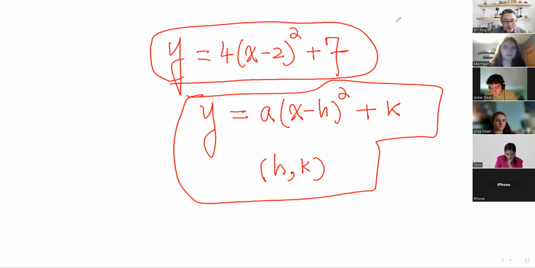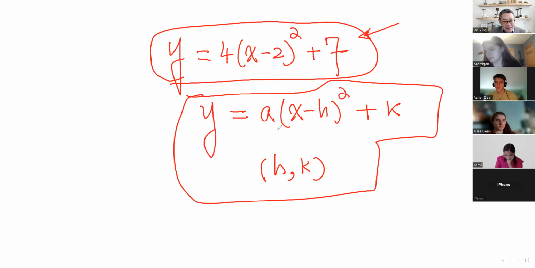In this case, for this one, what's our h? What's our k? Is the 7 the y coordinate? Yes, the y coordinate is 7, and 2 is the x coordinate.